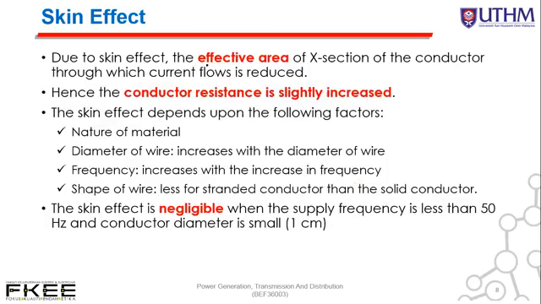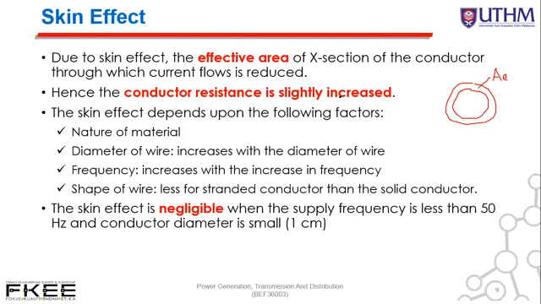Due to skin effect, the effective cross-sectional area of the conductor through which current flows is reduced. Let's say this is the conductor, and most of the current flows at the surface, so the effective area A effective is reduced when compared to a DC conductor.